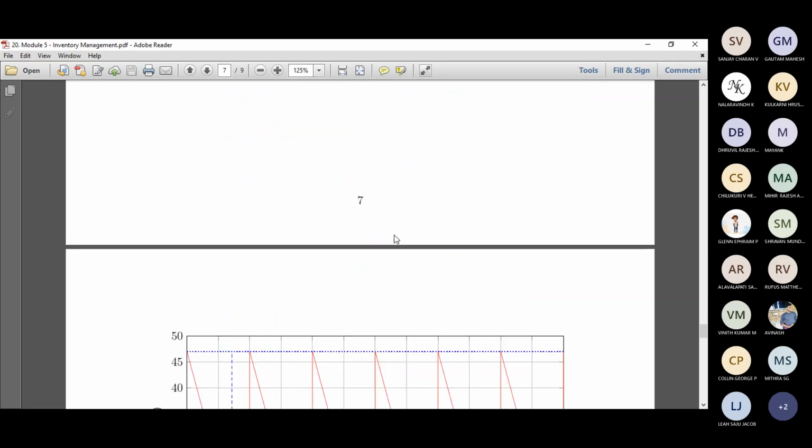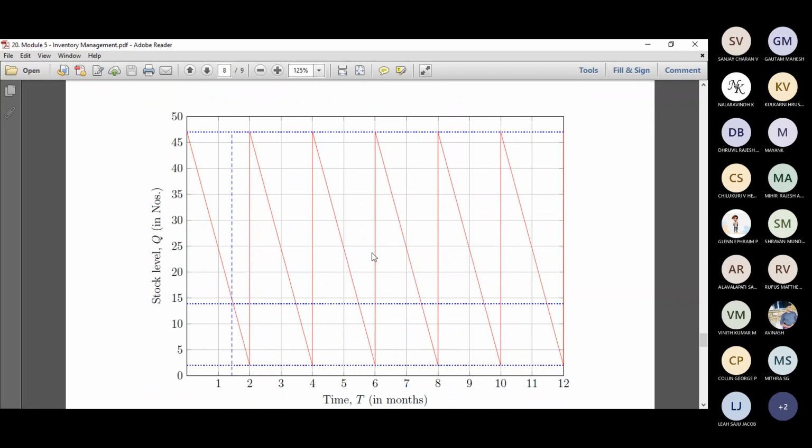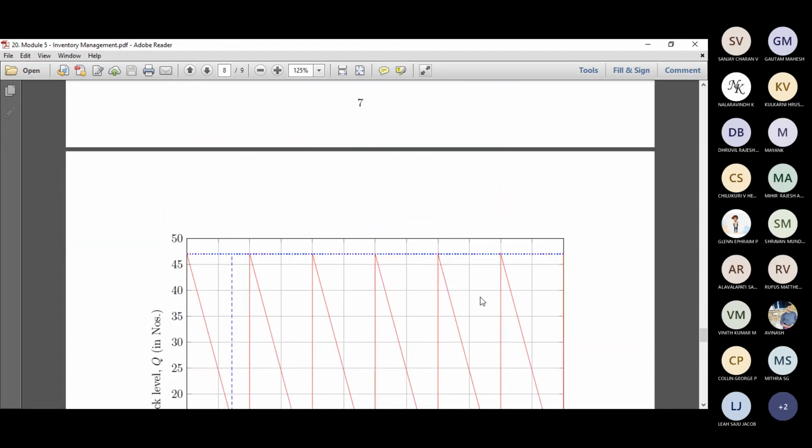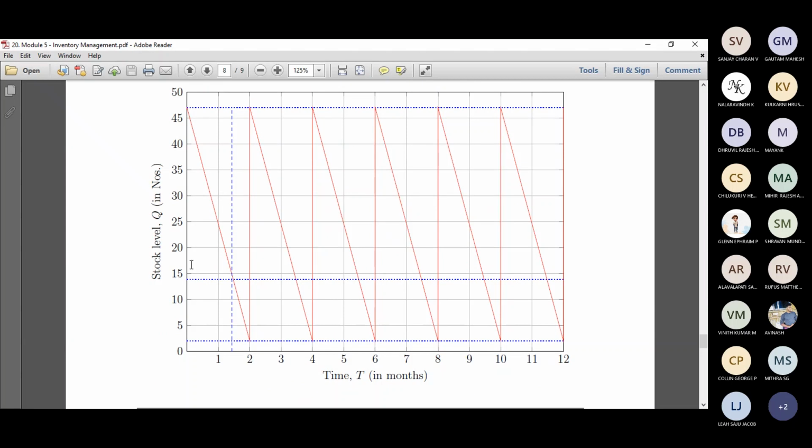So how does this look? We know the economic order quantity is 47 and the safety buffer is 2 units, and then the reorder level is 16. I think it's not 14. I made a mistake here; it is 16 units. So at 16, probably somewhere here, this point will be our reorder point.